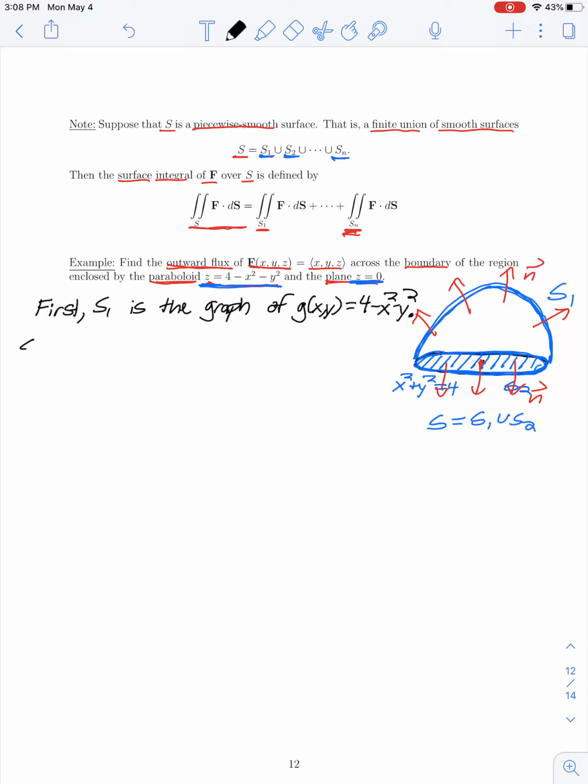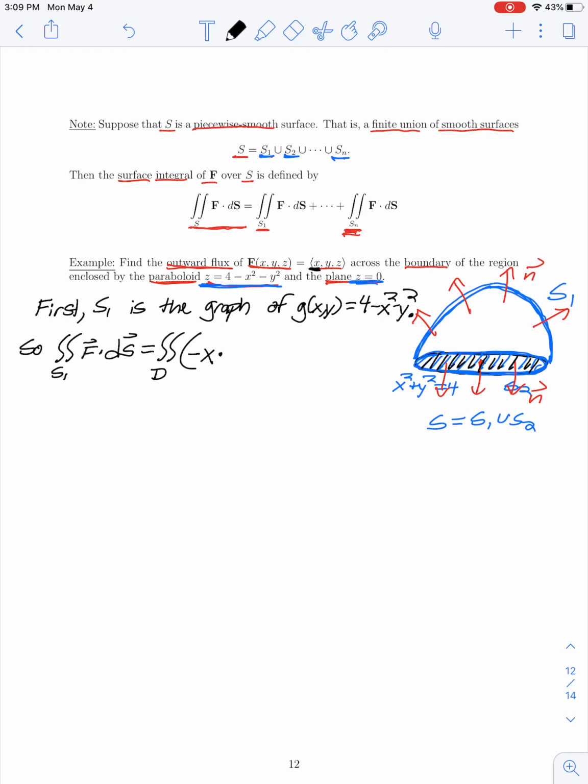And so if we want to calculate the flux across S1, we would set this up as a double integral over the region D, which would be the projection of our solid S1 onto the xy plane. So that is the surface S2 itself, this disk. And the function that we're integrating is given by negative P.